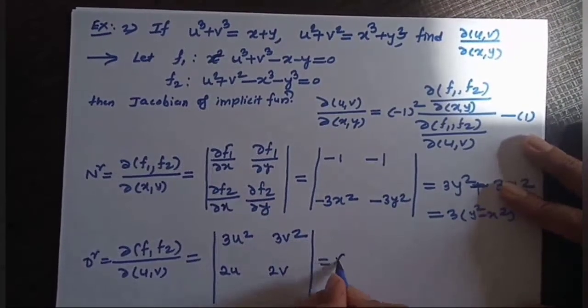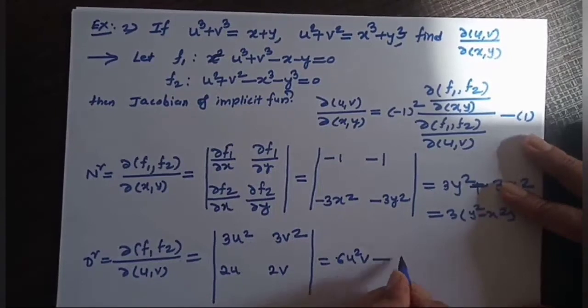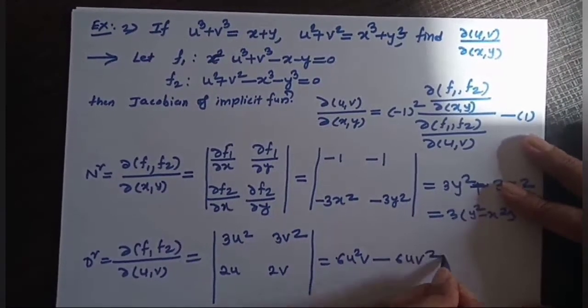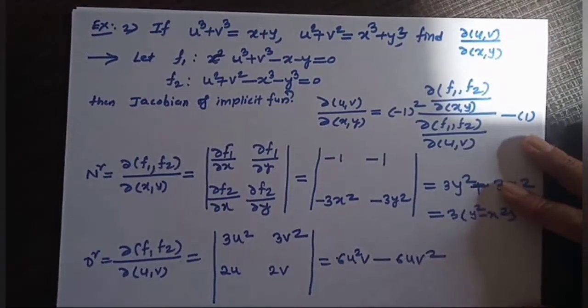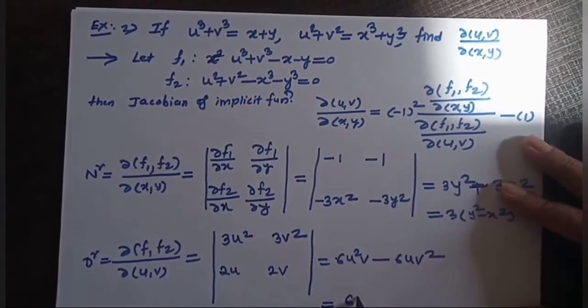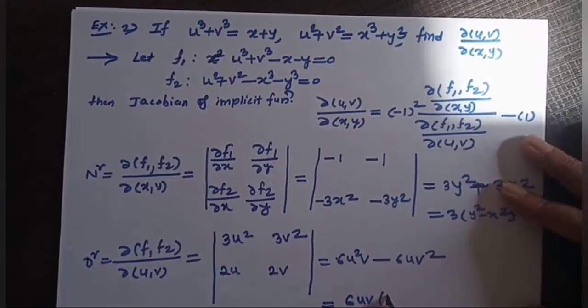Following this, it is 6u square v minus 6uv square. Now here we can take 6 common, and we can also take uv common. So it is 6uv times (u minus v).